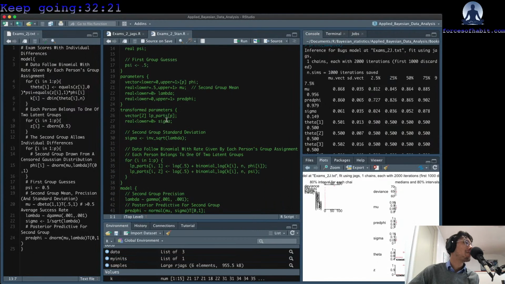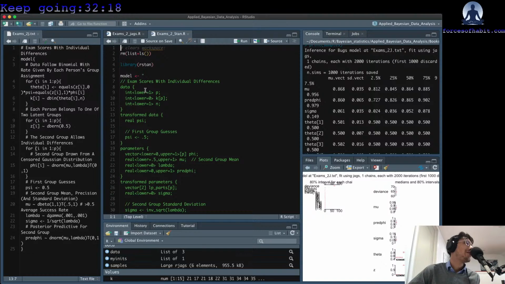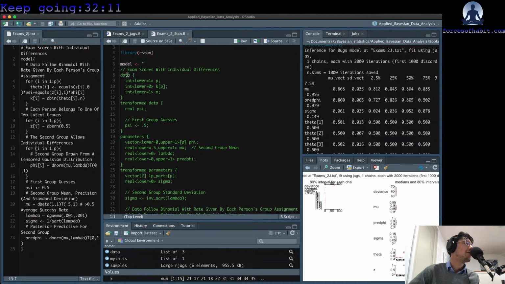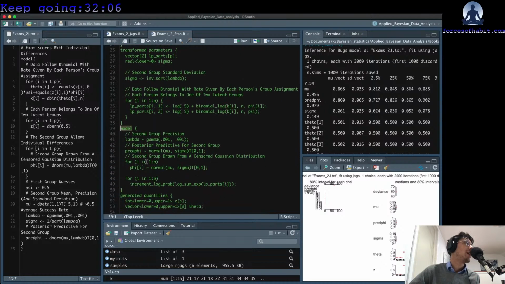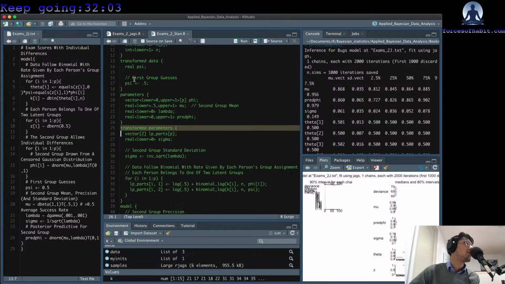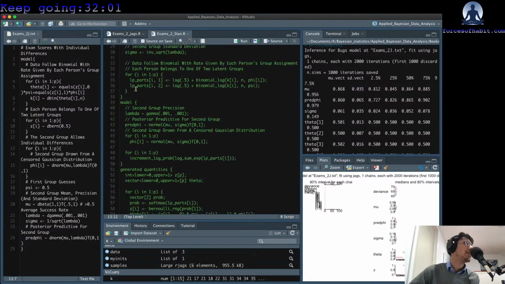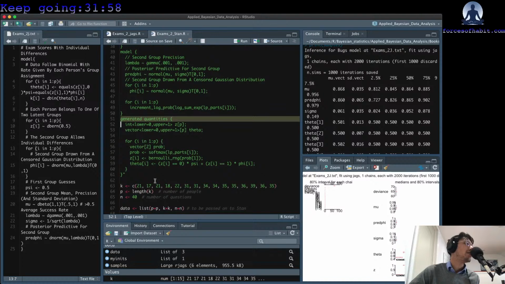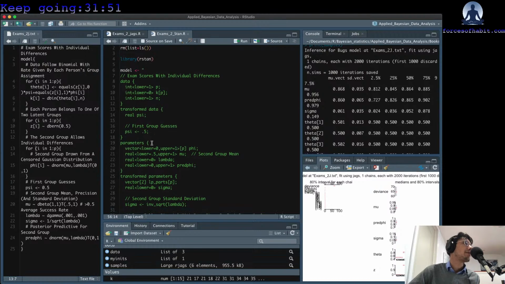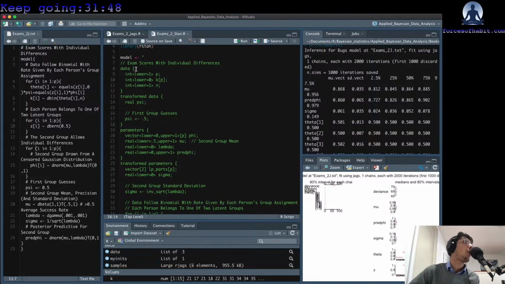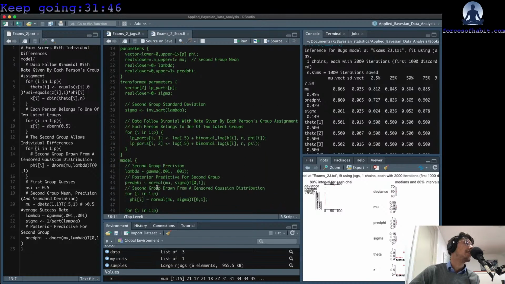From my understanding up to this point, Stan code has three main things you have to specify, and then has additional things you can specify. So the three main things are data, parameters, and your model. And then we have these other things you can specify, like transformed parameters, transformed data, and generated quantities, right? Those are additional information that we want to incorporate, but the bare bones require that you have data, parameters, and a model.